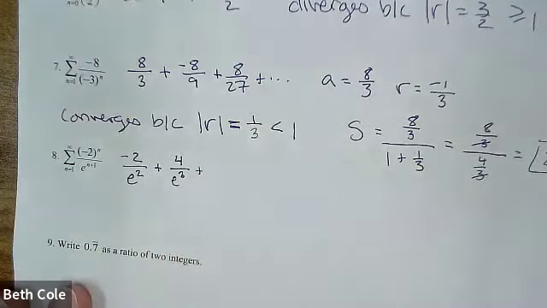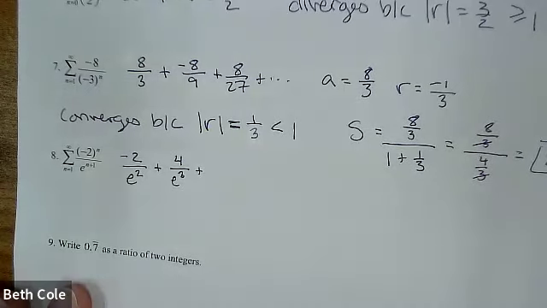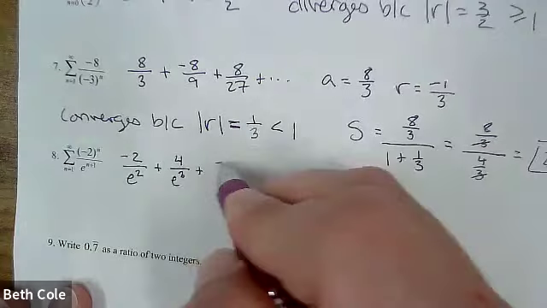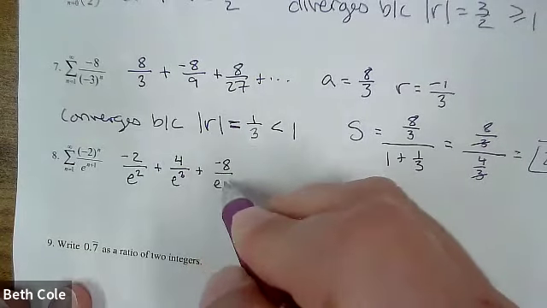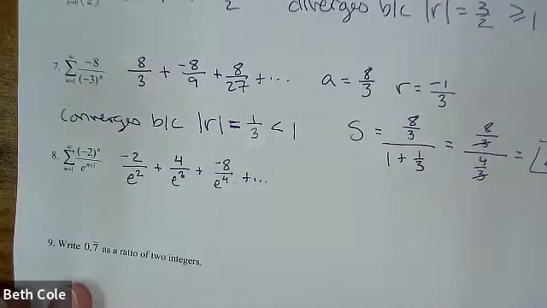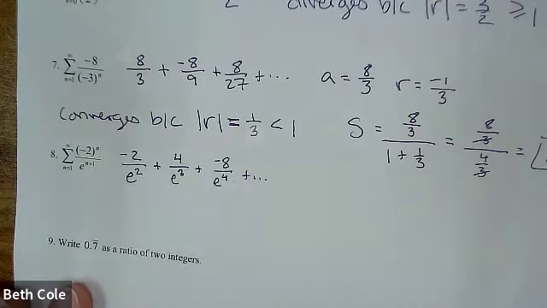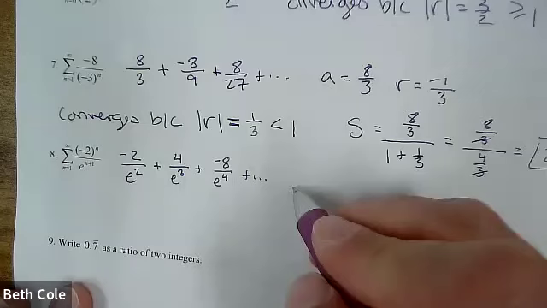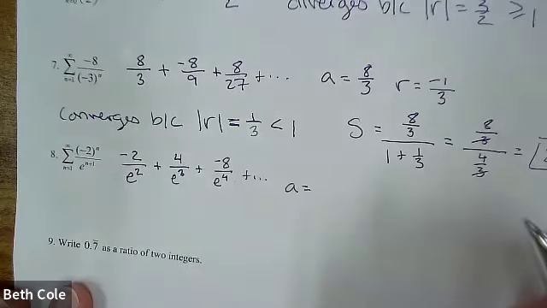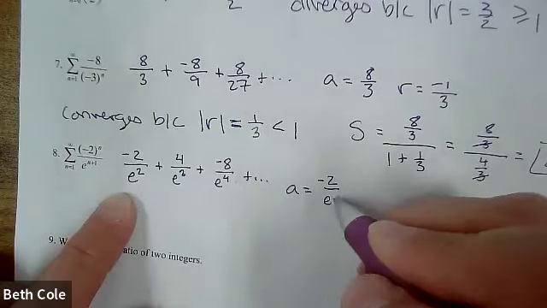Let's do one more. If you plug in 3, you're going to get negative 8 over e to the 4th, plus dot, dot, dot. So a is negative 2 over e squared.